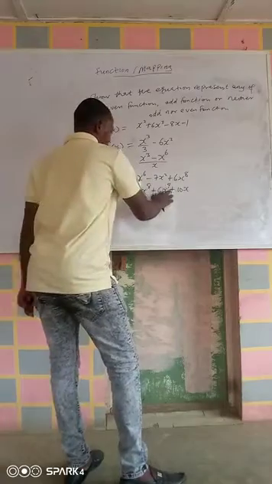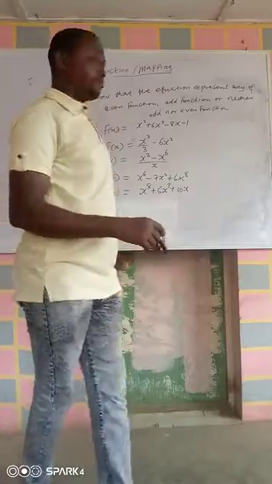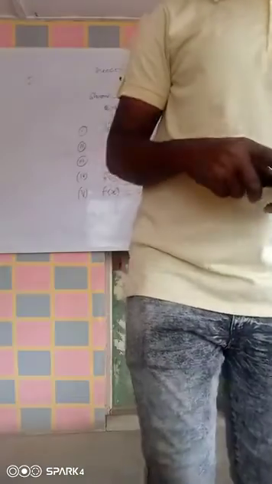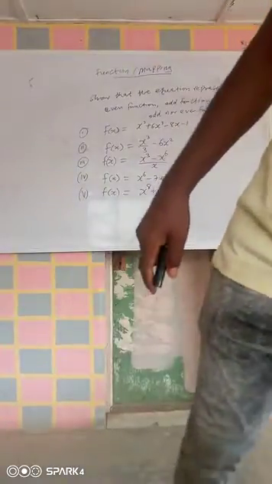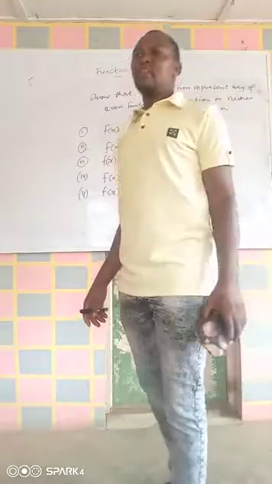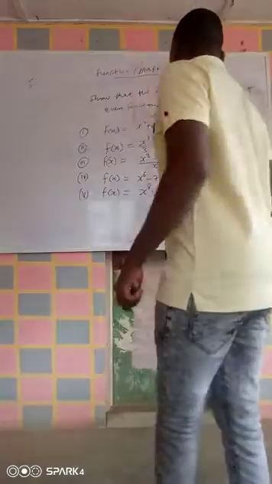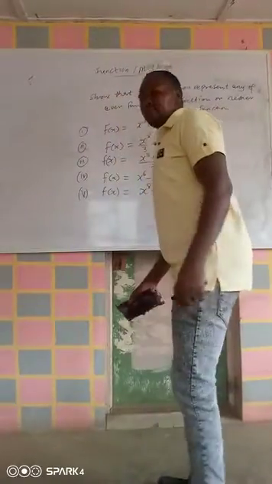Yes, let's do that. So just make sure you play with this. Put it in the comment section and let us hear you. Let us see how you are able to do that.